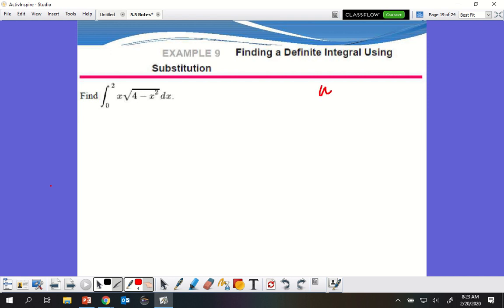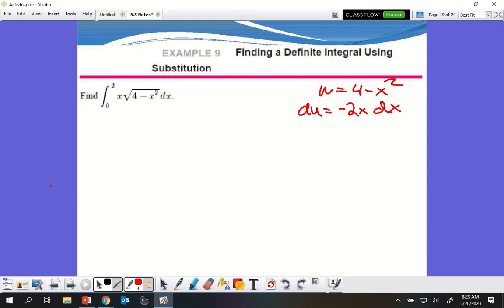So I'm going to say that u is equal to 4 minus x squared. So my du is, yep, negative 2x dx. Very good.